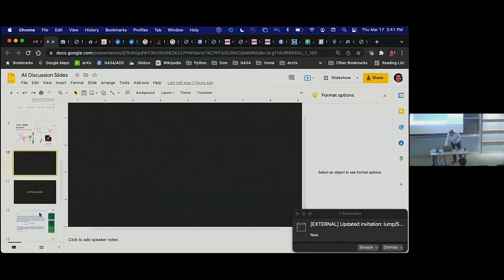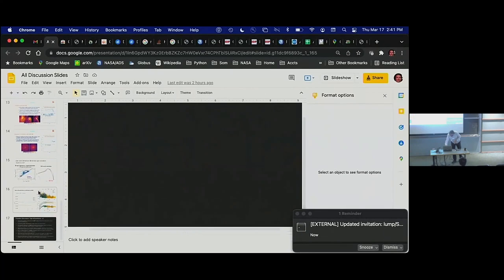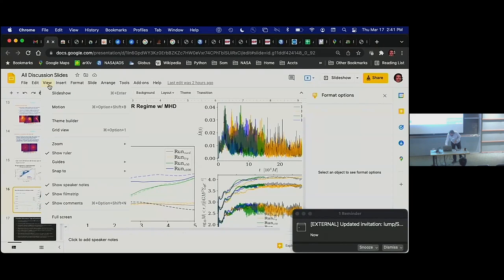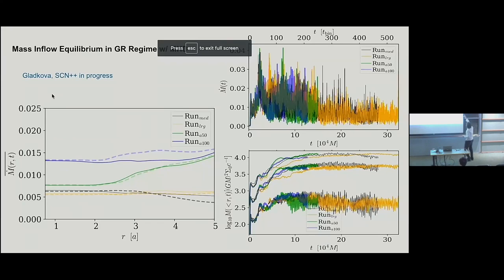How many orbits? Oh, did I not include the extra slide? Sorry. How many orbits? We got 500 plus orbits. So this is the mass enclosed. This establishes a steady state.